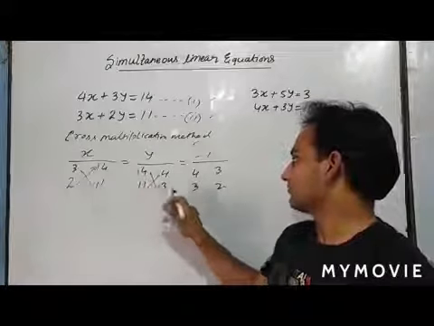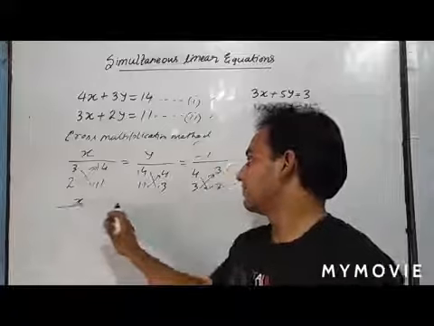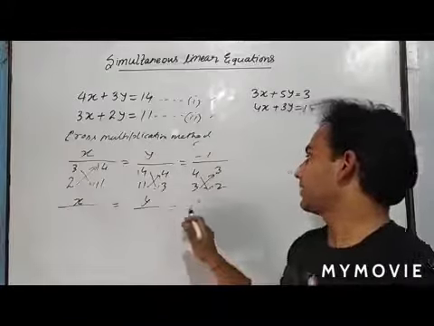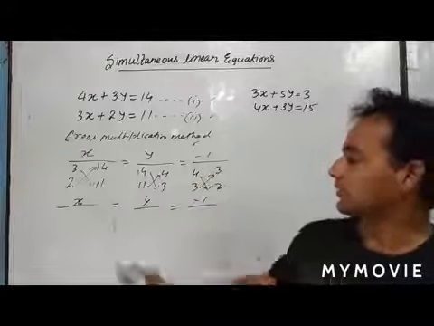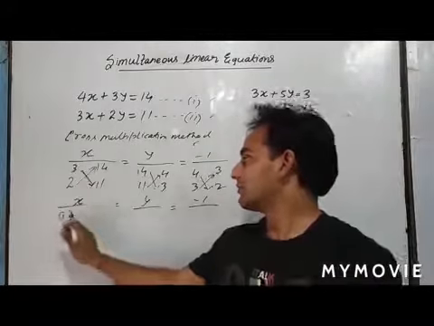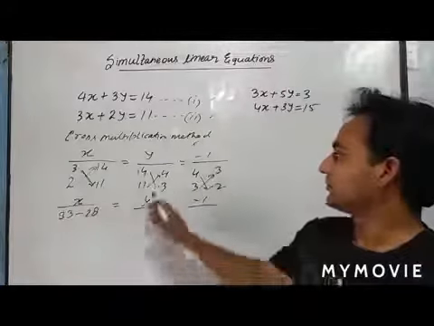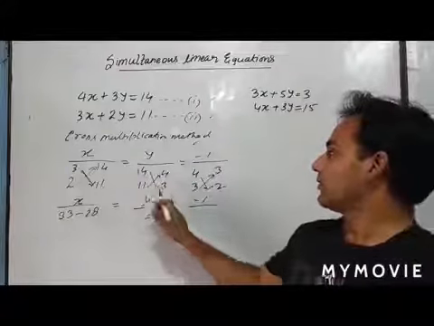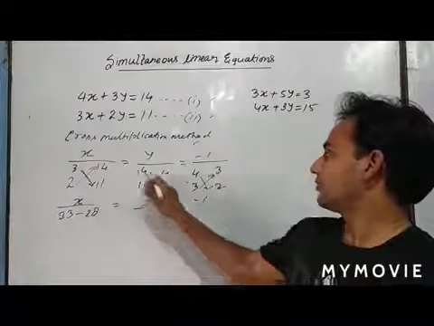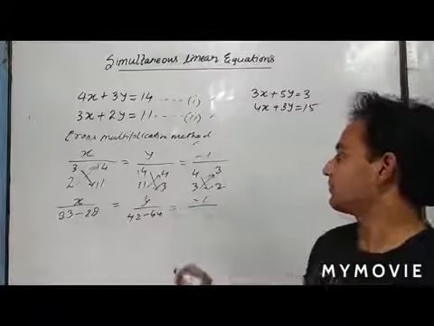Cross multiplication. See, x upon, y upon, minus 1 upon. 11 3s are 33 minus 14 2s are 28. Now y upon: 14 3s are 42 minus 11 4s are 44.